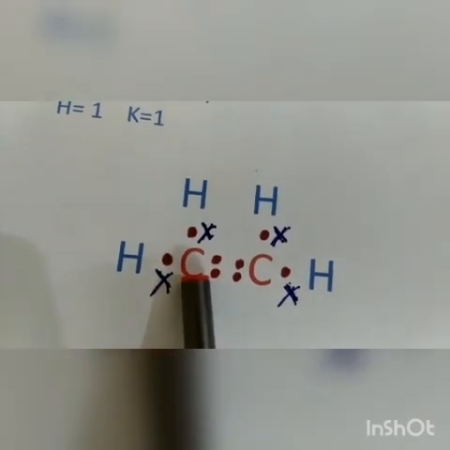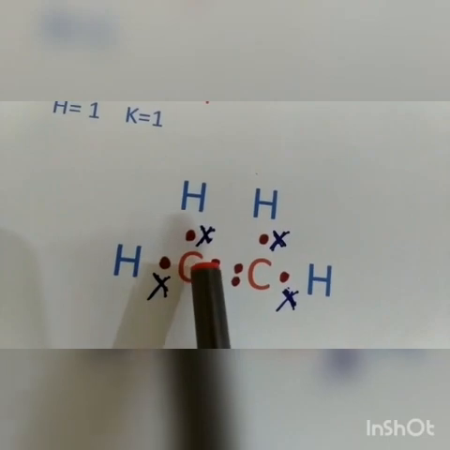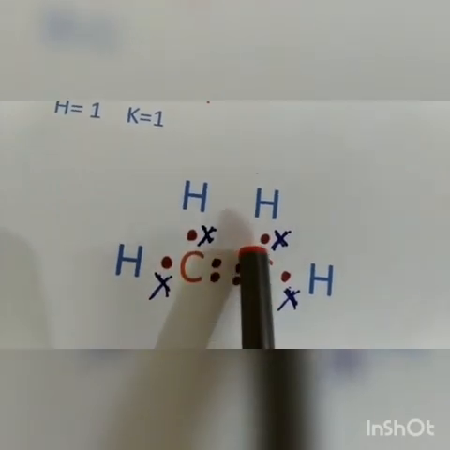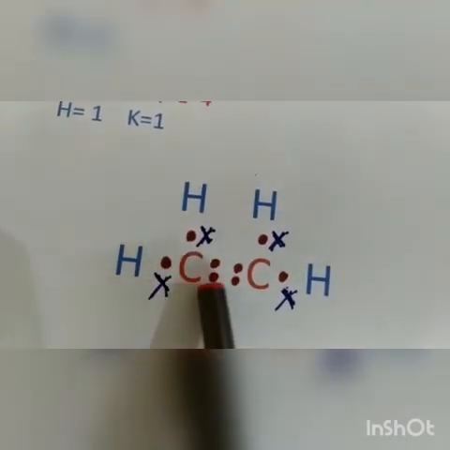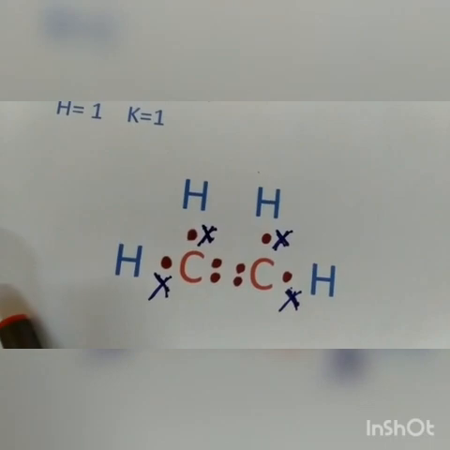Now what will happen? This hydrogen will share this electron with this carbon. This hydrogen will also share this electron with this carbon. So in total, if we see now how many electrons are there? 1, 2, 3, 4, 5, 6. But it needs 2 more electrons.